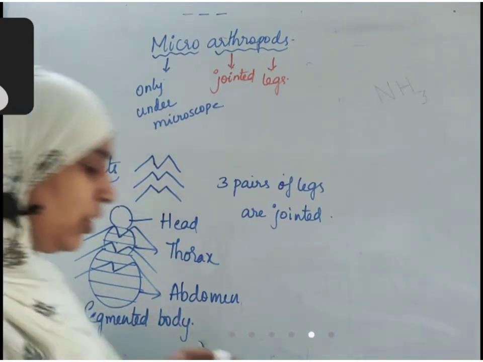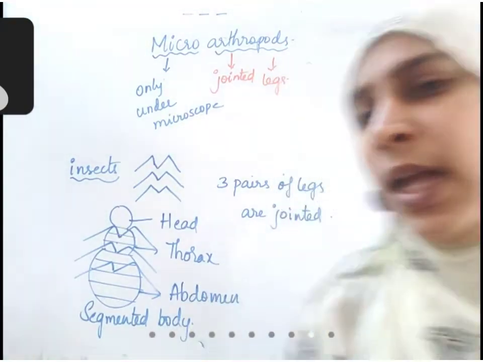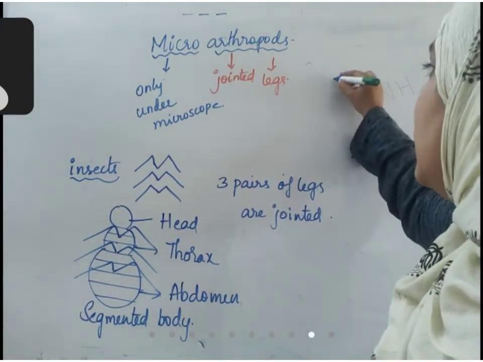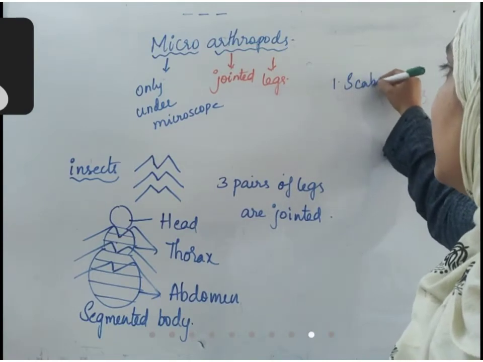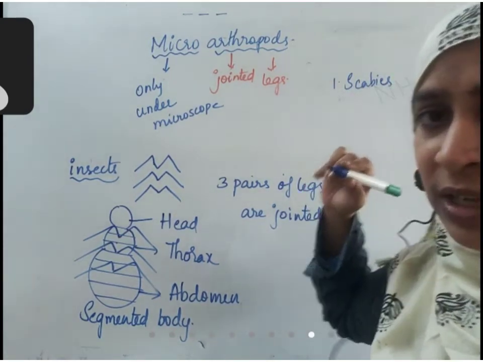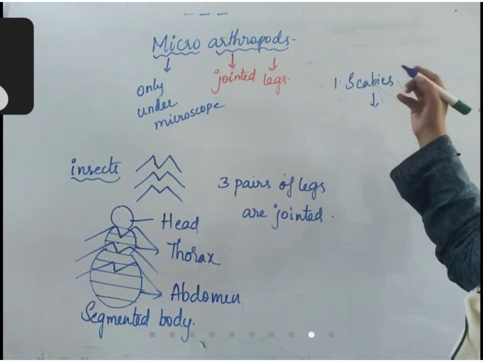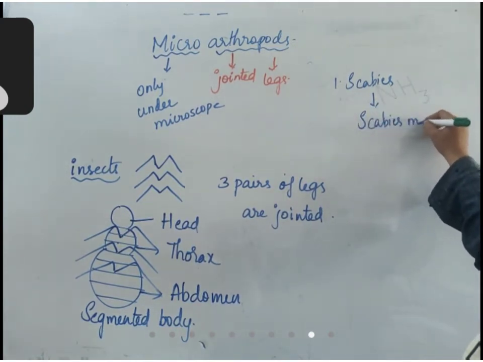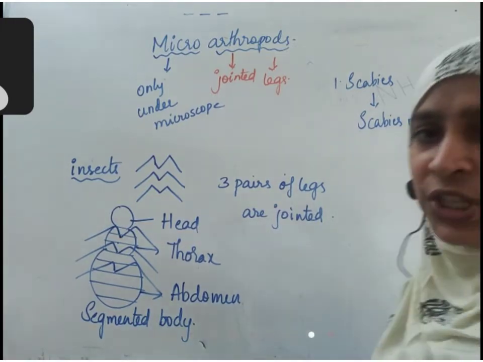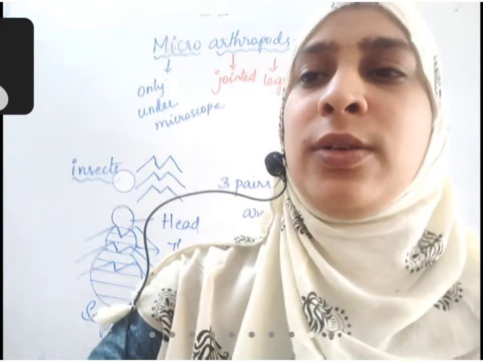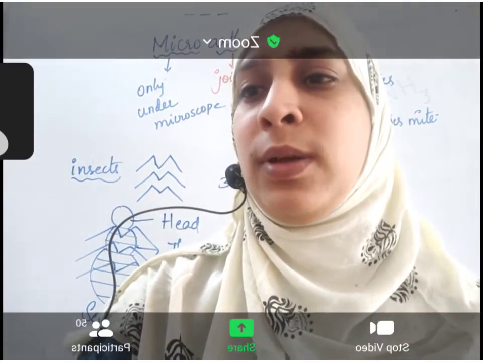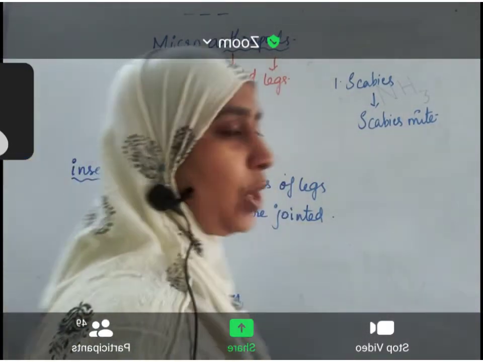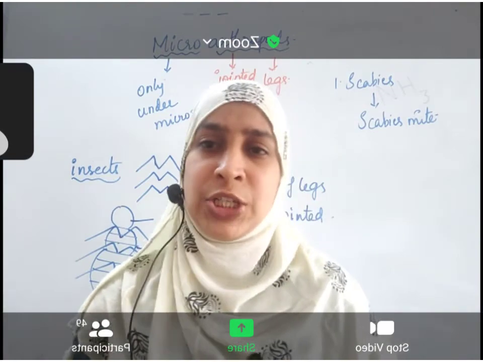What is the importance of these microarthropods? I'll give you some examples. Scabies is a skin infection that is caused by a microarthropod, the scabies mite. You know that your body sheds skin cells every day.